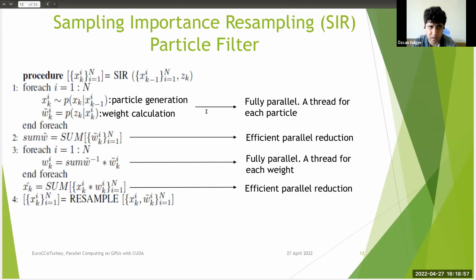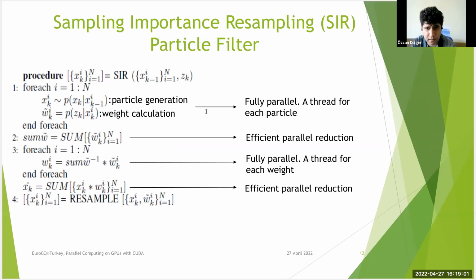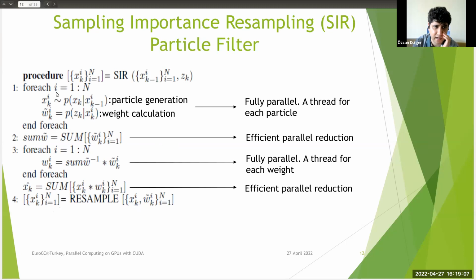Okay, let's go back to the SIR particle filter again and look at it in terms of GPU implementation. Since there is no dependency between the iterations of the first loop in the first step, we can run this loop fully parallel on the GPU. We can create a thread for each iteration of the loop.